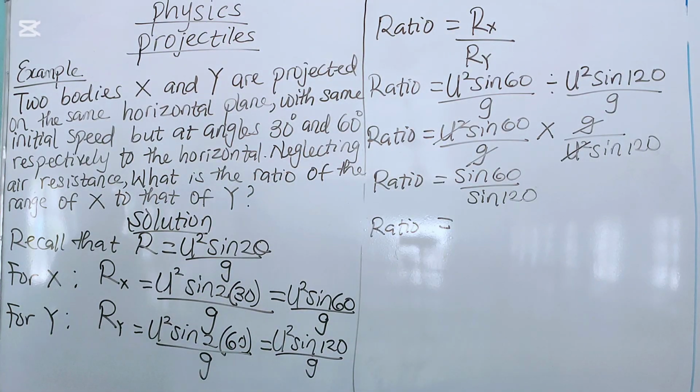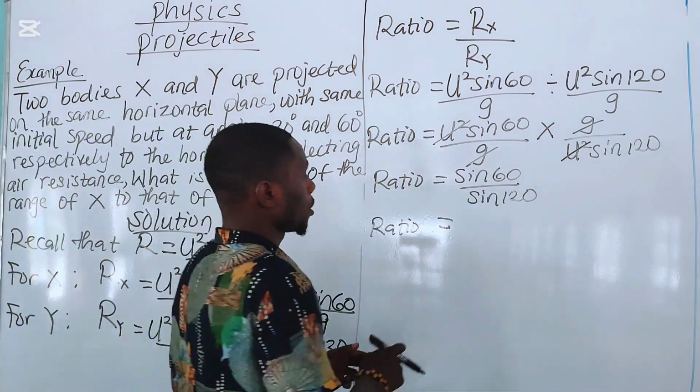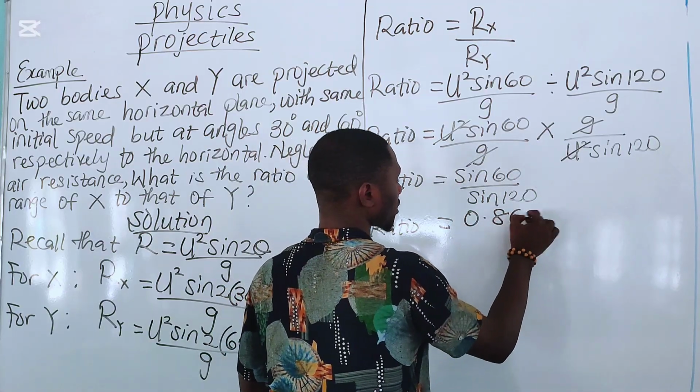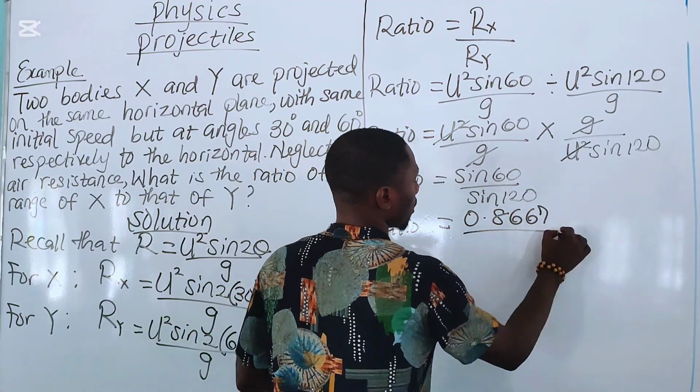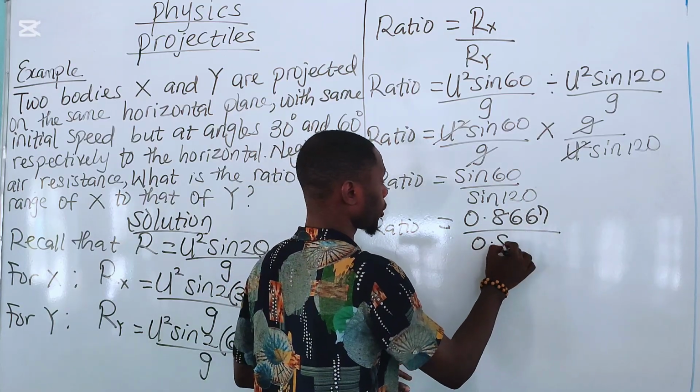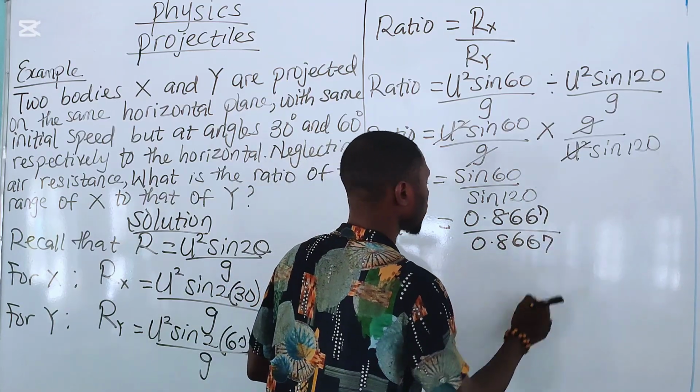So use your calculator. Okay, so sine 60 is the same thing as 0.8667. And then sine 120 is also the same, which is 0.8667.